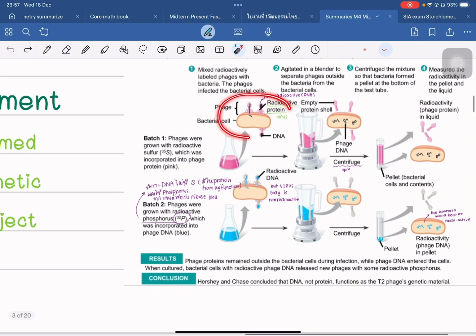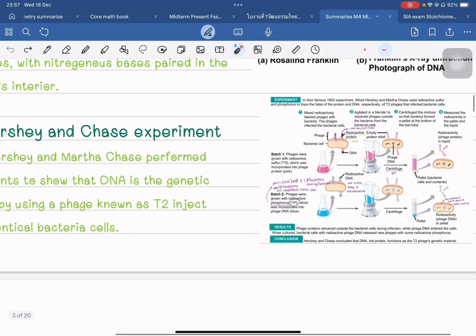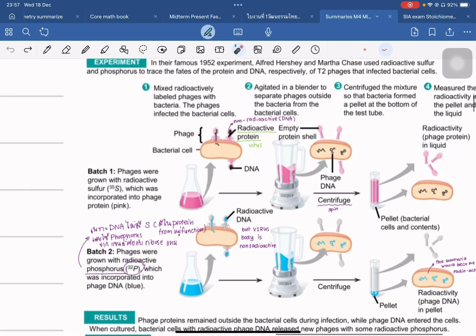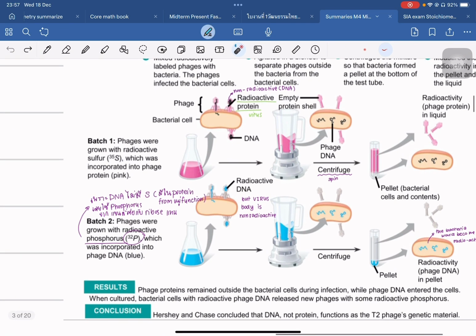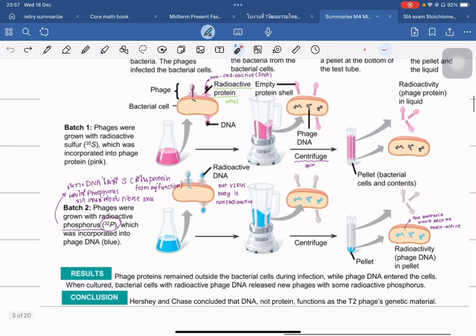In the first, he labeled the protein coat, while in the second, he labeled the DNA of the phage, and he found that the bacteria injected with the DNA passed that on as inheritance.